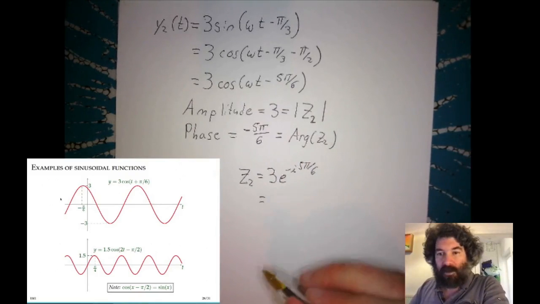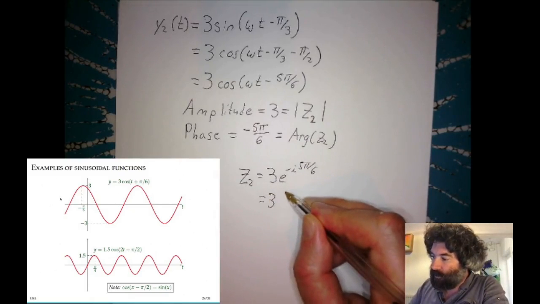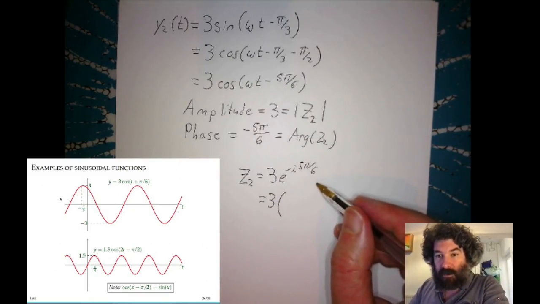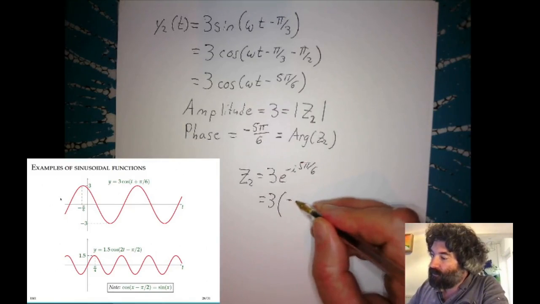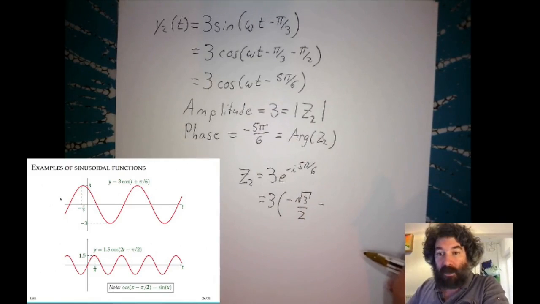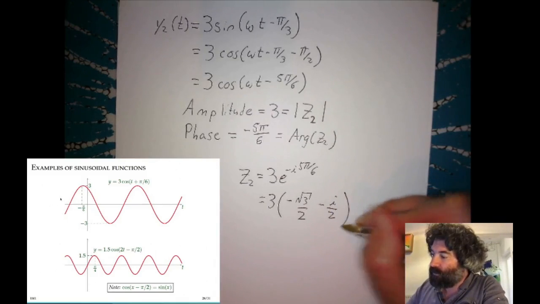Now if we want to find the real and imaginary part, we can write this as 3 modulus times cosine of negative 5 pi over 6, which is negative square root of 3 over 2, plus i sine of negative 5 pi over 6, which is negative 1/2, so negative i over 2.